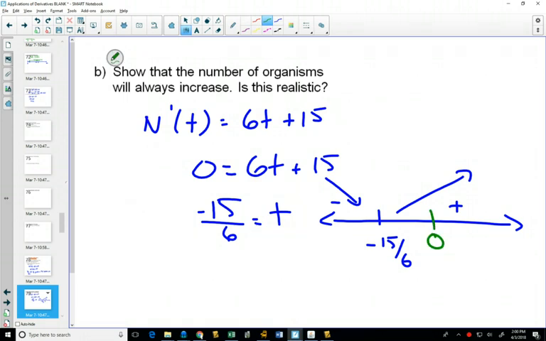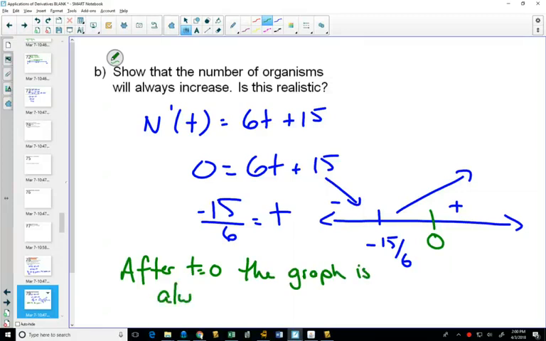And we can't go back in time. So starting at time 0, yes, the organisms are always increasing. So after t equals 0, the graph is always increasing.